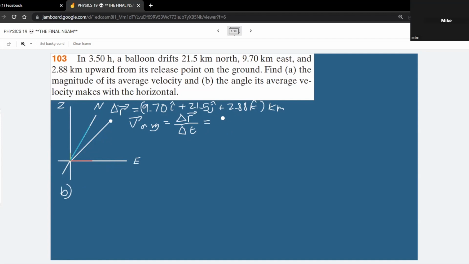Okay, so I mean, that's it. I will just have to use the calculator. 9.70 over... So 9.70 divided by 3.5.